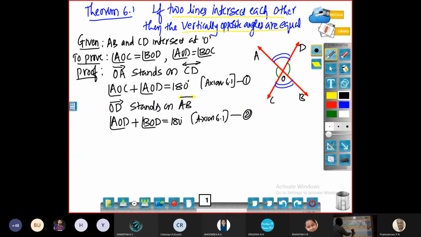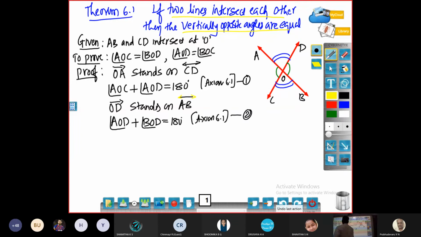Call this equation 2. Again, I will show you on the diagram. OD is a ray, highlighted in yellow, and AB is a line. These two adjacent angles form 180 degrees.